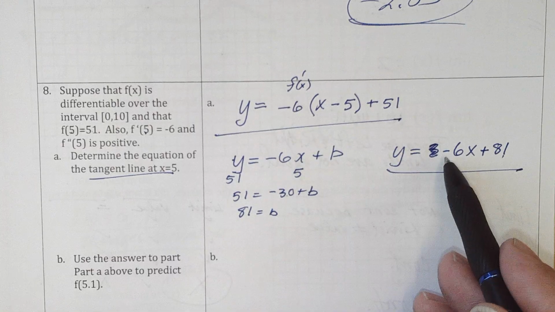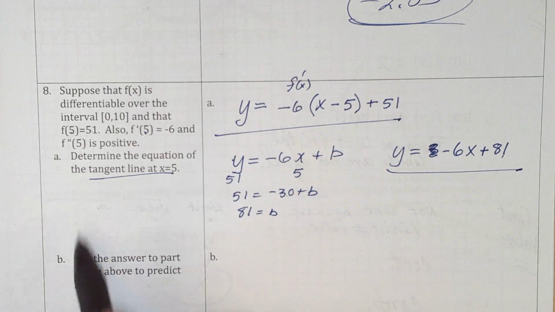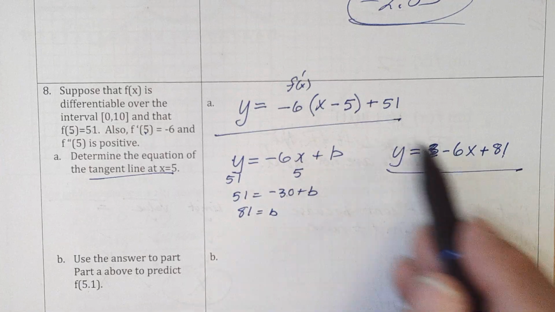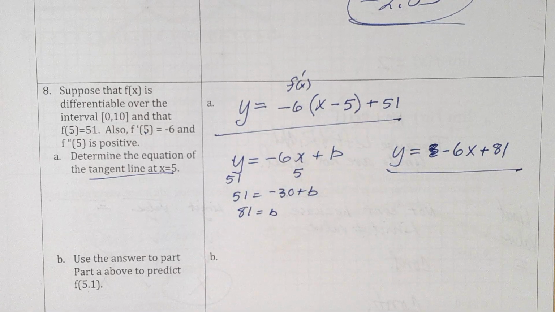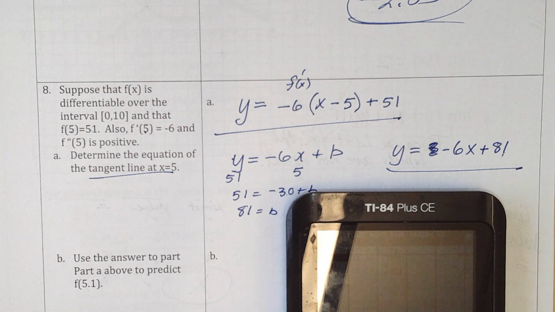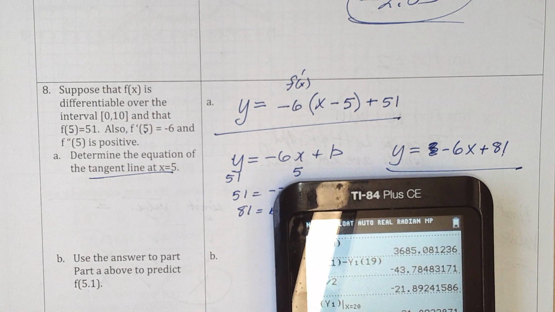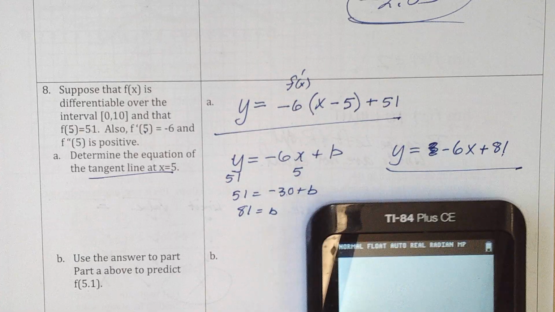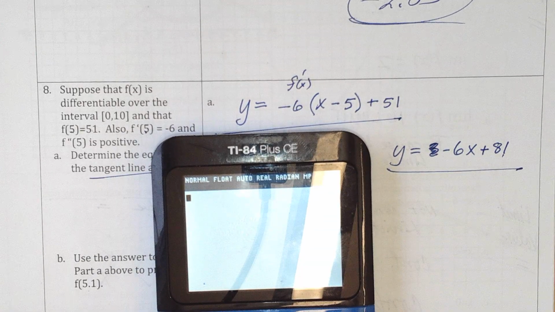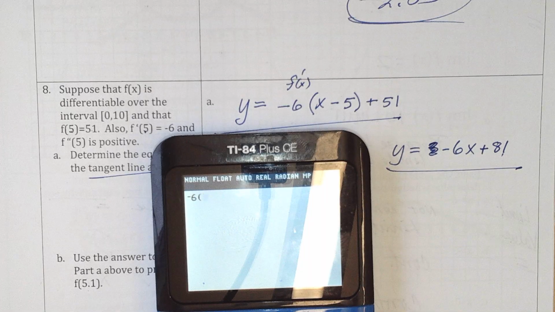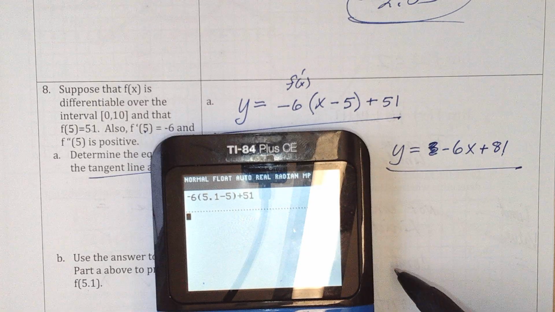And the tangent line is going to give you a decent estimate for an x close to 5, like 5.1. So all I have to do is put 5.1 into either of these equations. Let's do the top one: -6 parentheses 5.1 minus 5 close parenthesis plus 51, and I get 50.4.